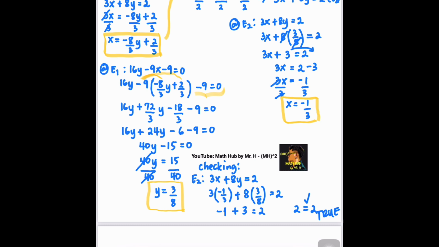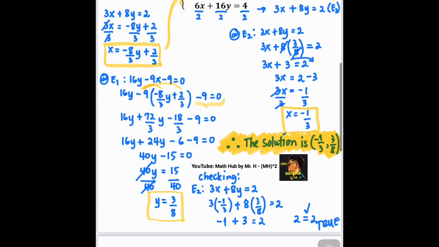Then from here, we can simply make a conclusion. So our answer here, up here. So we can say that the solution is negative 1 over 3 and 3 over 8.